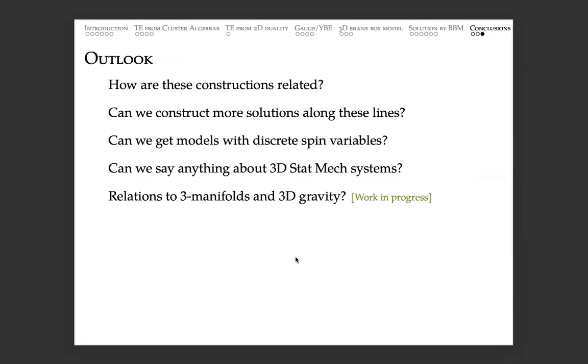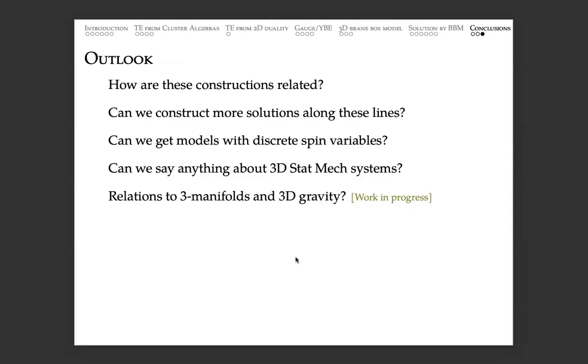You start from a six-dimensional theory, you compactify it on a three-manifold, and you are left with a three-dimensional theory, which turns out to be a three-dimensional N=2 supersymmetric gauge theory. So there's this relation between 3D gauge theories and three-manifolds, which is known as the 3D-3D correspondence. On the other hand, I have told you that this kind of 3D gauge theory can be used to produce solutions of the tetrahedron equation.